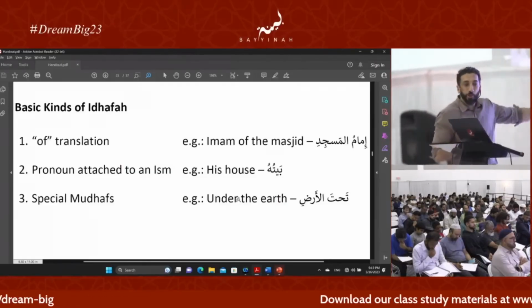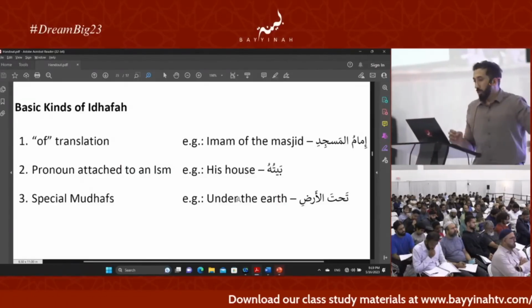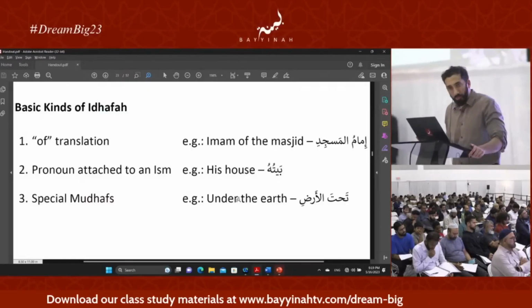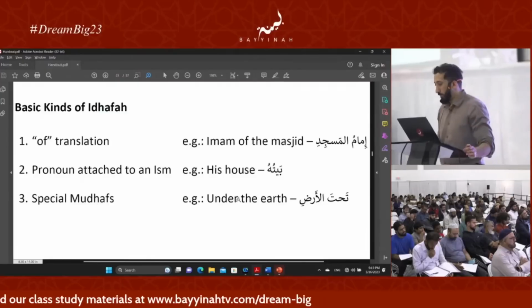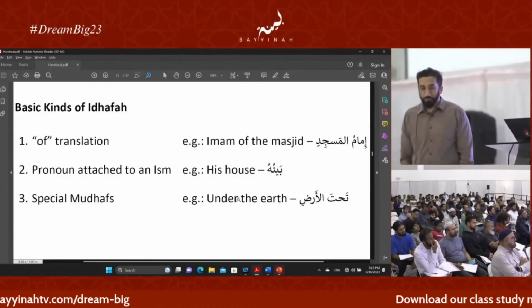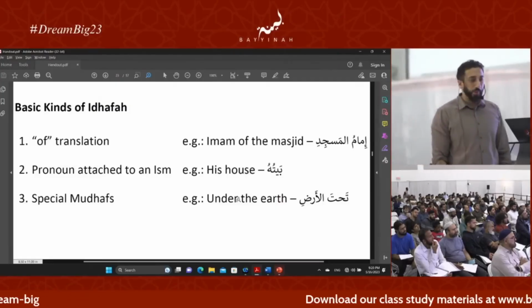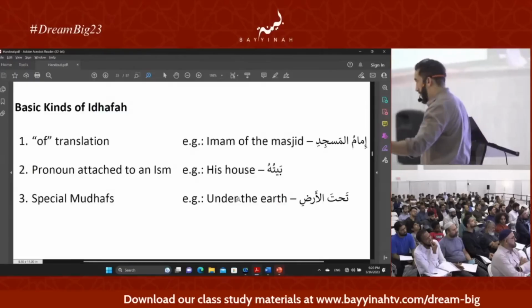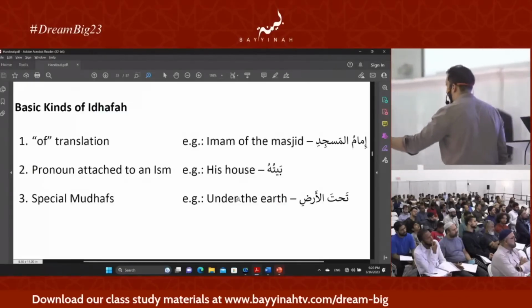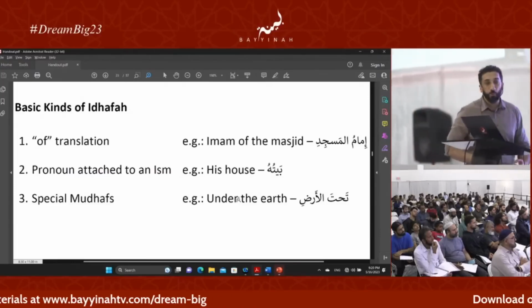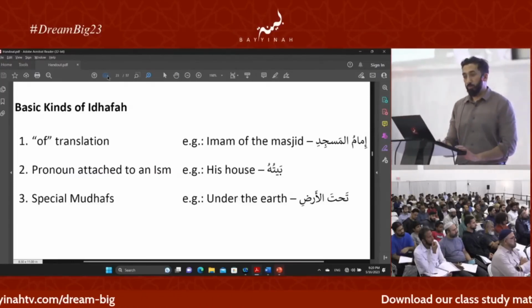Then there's a third category. I call them special mudafs. Now, do you remember the definition of an ism that we did many moons ago? What did I tell you about an ism? Ism is a person, place, thing, idea, adjective, adverb, and the next page is what I mean by more.